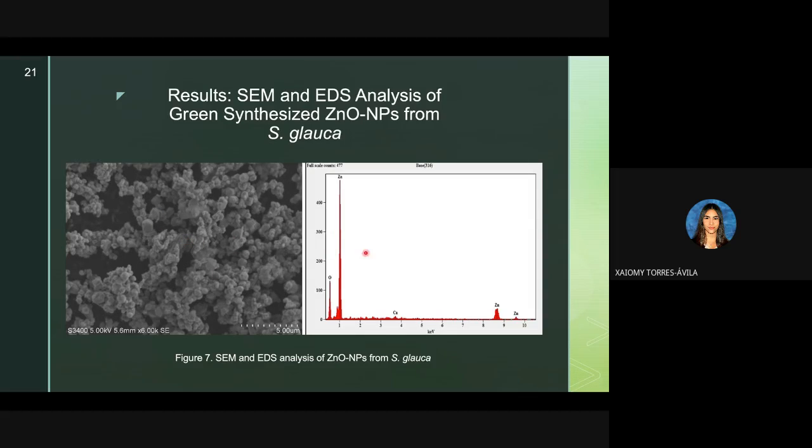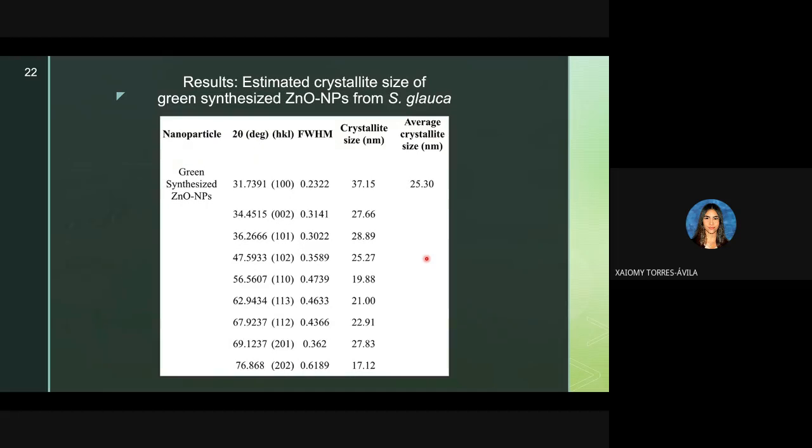And then on the right side, we have the energy dispersive spectrum, and this helps us confirm the purity of the synthesized nanoparticles, which in fact turned out to be 98.51% pure.